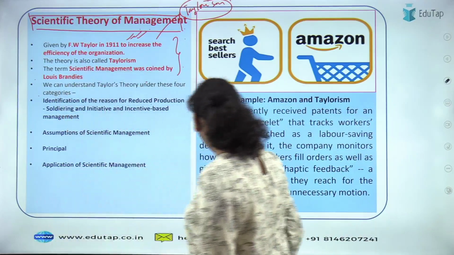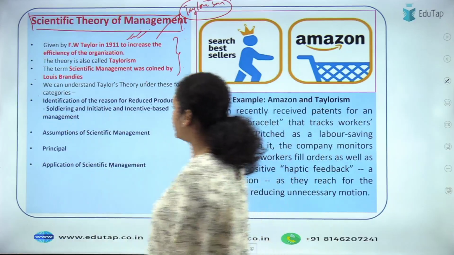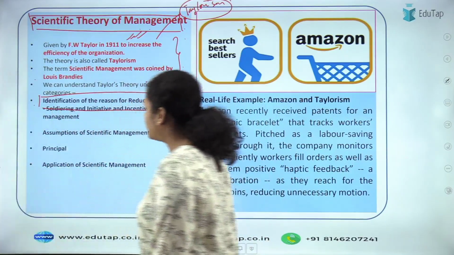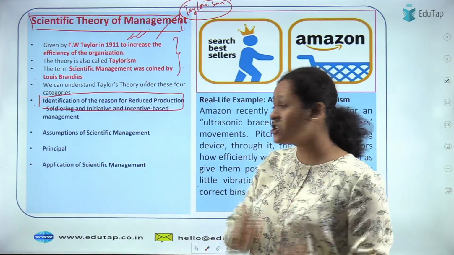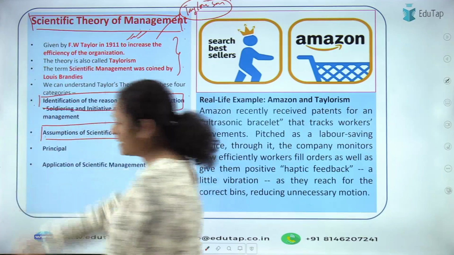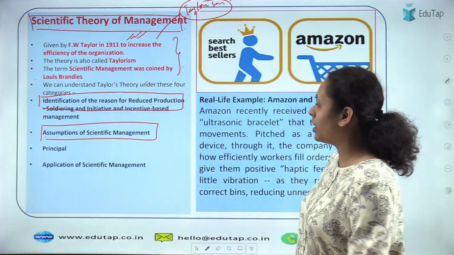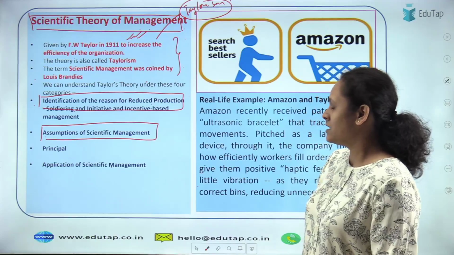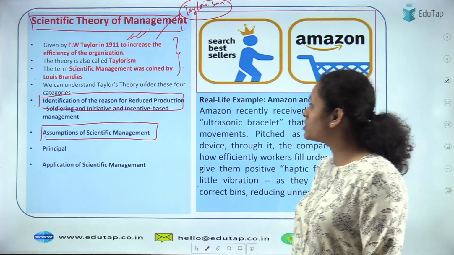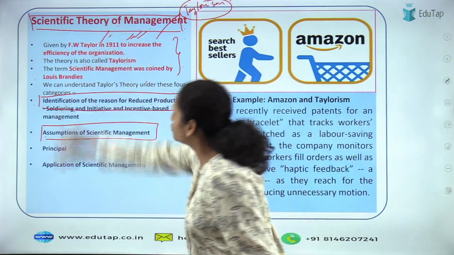Now that you have understood the reasons for reduced production, let us understand the assumptions which scientific management takes into consideration. Okay, what is assumption? There were certain basic assumptions according to Taylor. What were those basic assumptions?